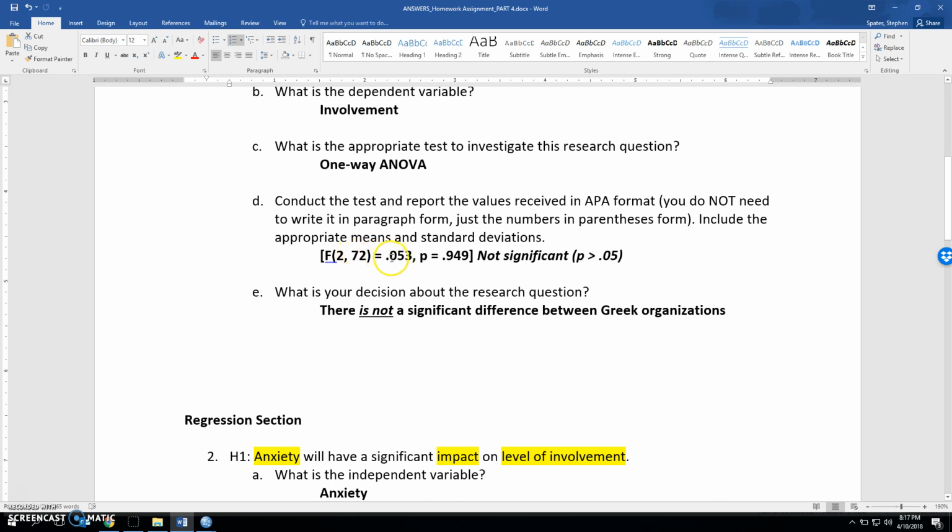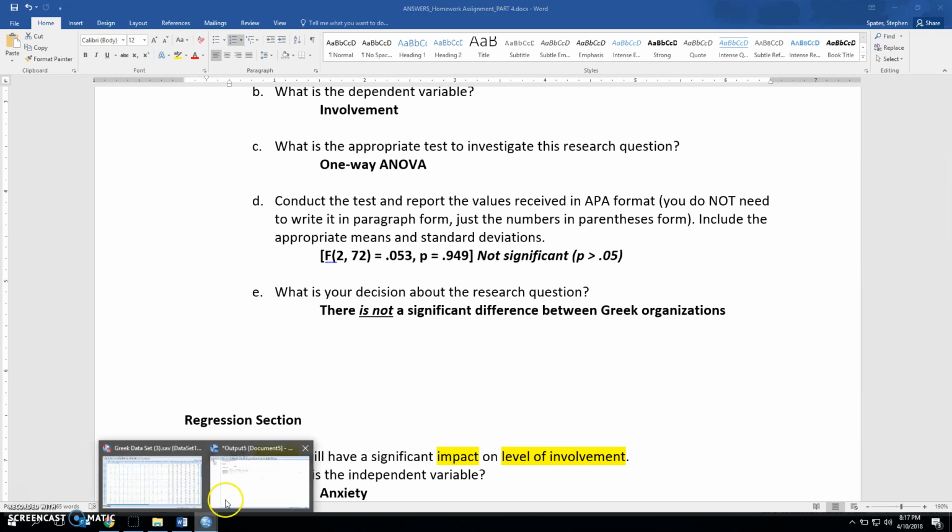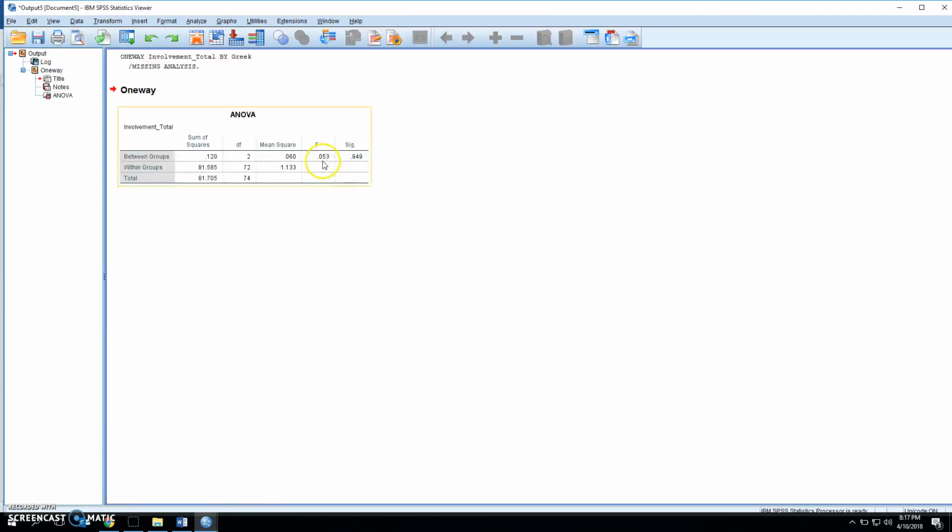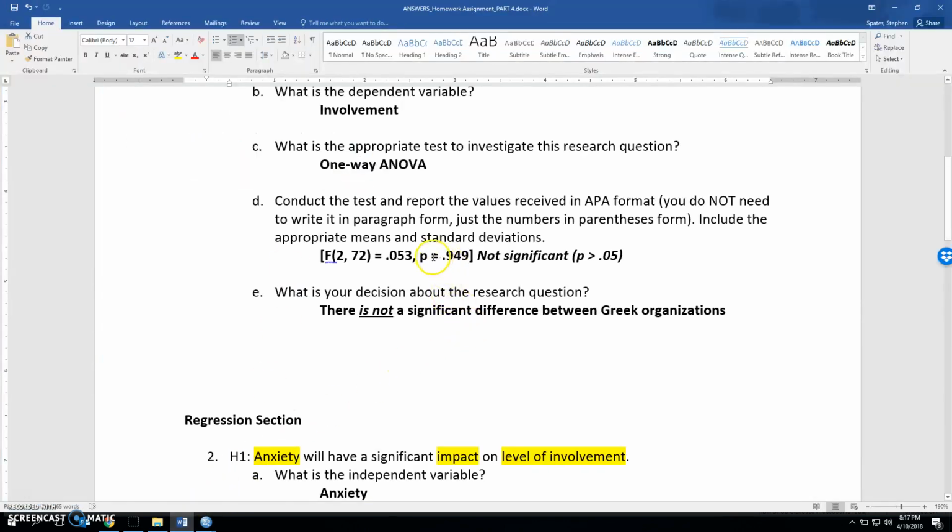The F statistic was 0.053. And the P, or the significance level, was 0.949, which means that there is not significance because the P in this case is greater than our standard, which is 0.05.